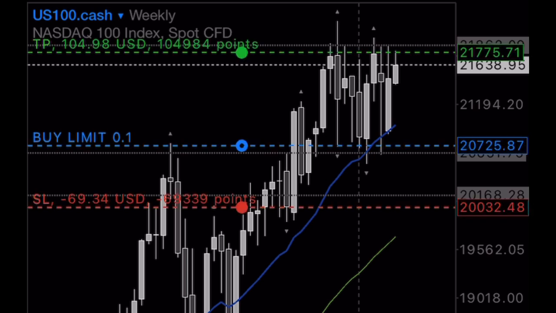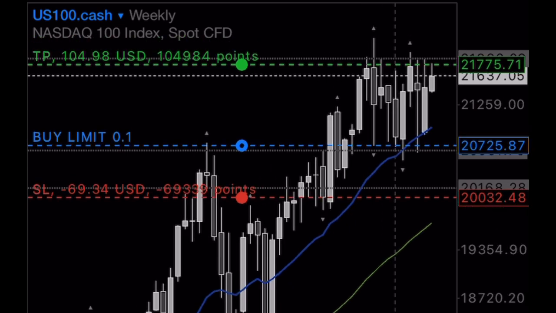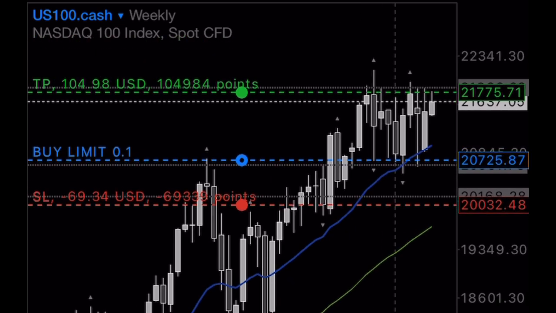The buy limit is at 2651, and the TP is at about 21862. Of course, we are able to spot the SL at the same time, and it's at 2168. So when we look at the risk to reward, I had my risk at 0.7 and reward at 1.